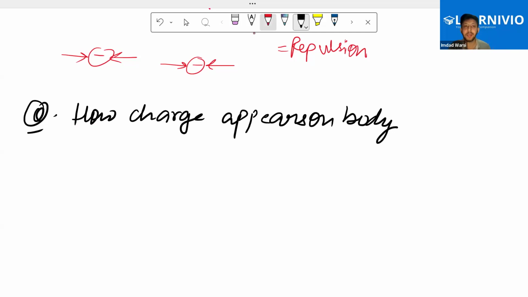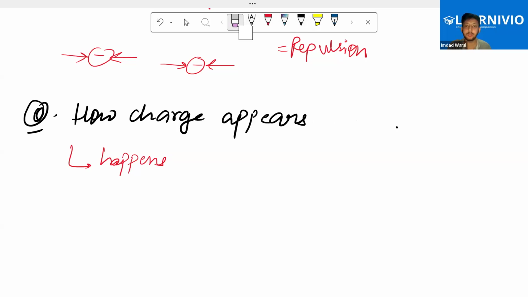It happens by... Body means some sort of matter; we are representing matter as a body, right?